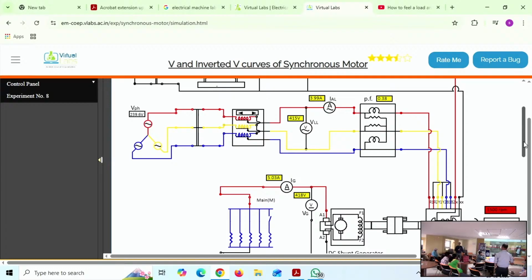After some time it will reach zero, and then you have to reverse either the current coil or the voltage coil. You have to change at this point because the excitation is varying.